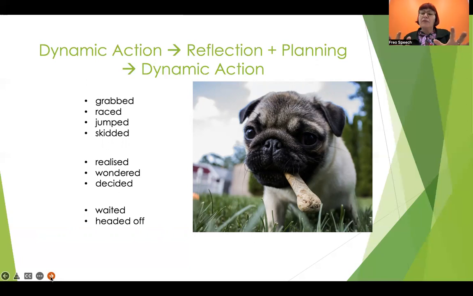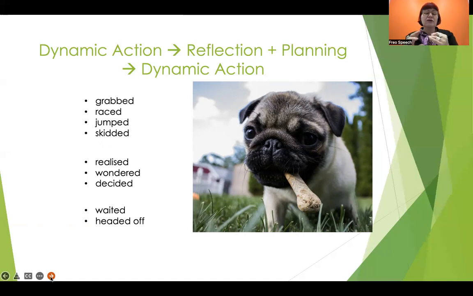And then you can stop the dynamic action, and then you could say the little dog realized that the butcher would eventually catch him. So you're reflecting. He wondered what he should do to outsmart the butcher. So he decided to wait behind the shed until the butcher had gone home for the night.